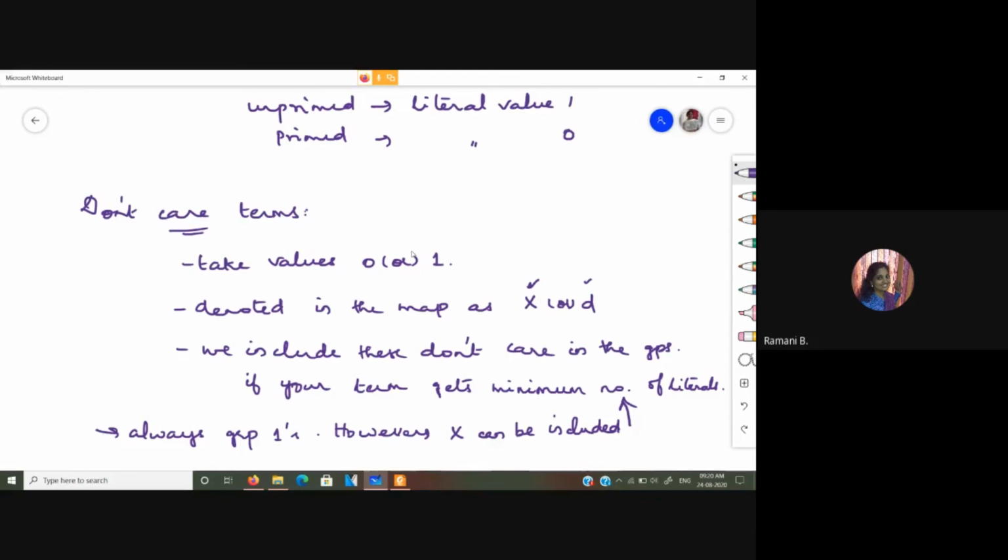So if I can maximize the group size by including the don't cares, I will go for it. Otherwise I will leave it as such. That is the purpose of don't care. So we shall see some Boolean expression minimization using don't cares in tomorrow's class. So that's it for today, guys. Thank you.